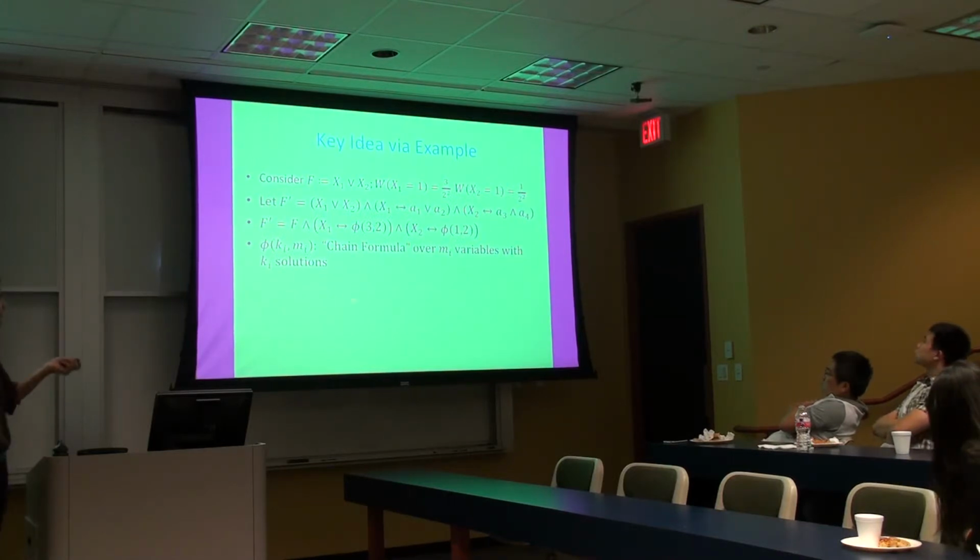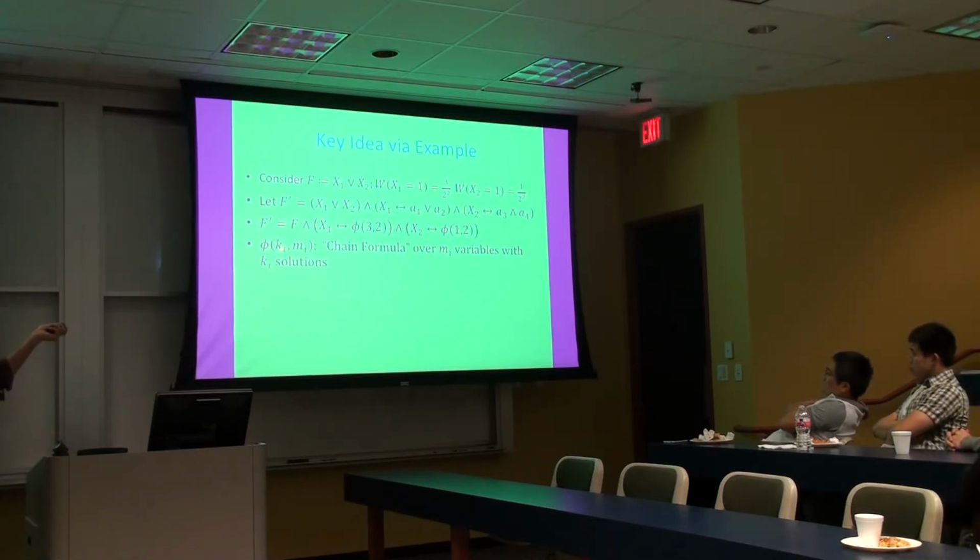In this work, we introduce what we call chain formulas. The formula can essentially be written as ki comma mi. It is over mi variables and it has ki satisfying assignments.